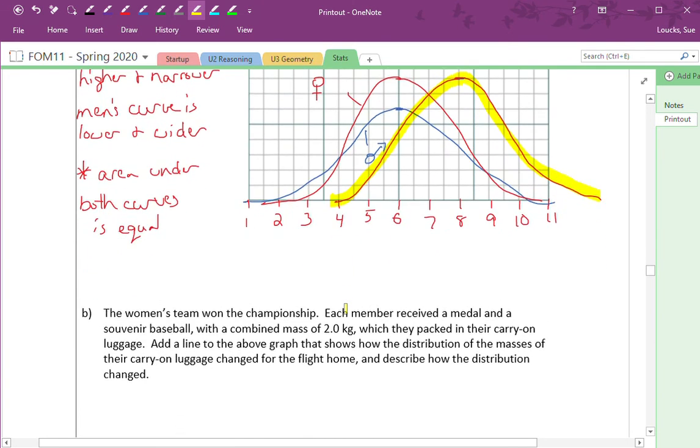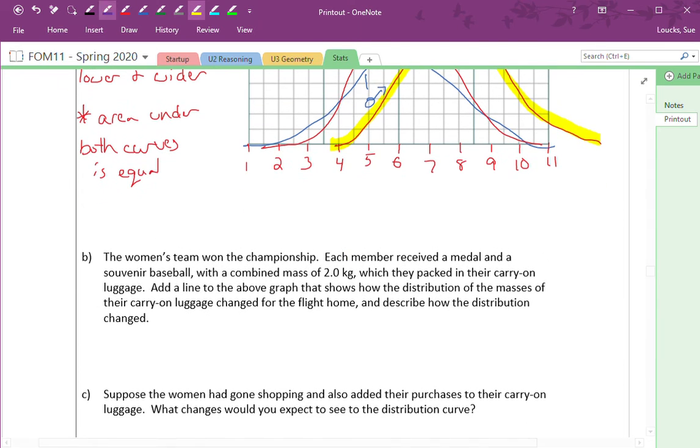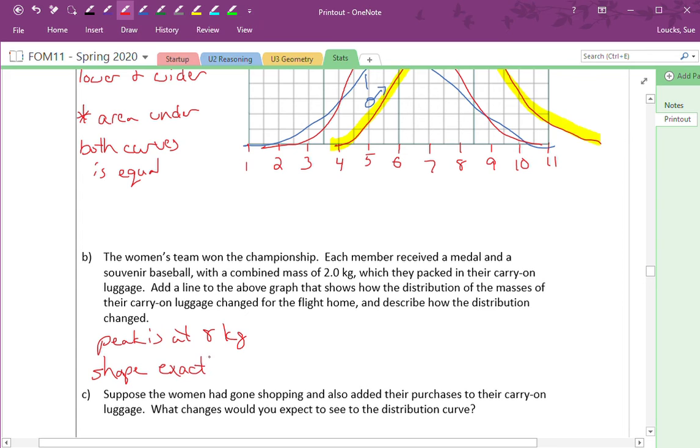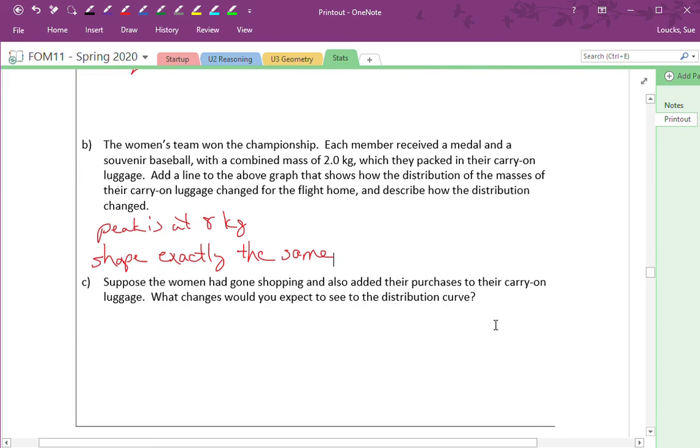Okay, so describe how the distribution changed. Peak is at 8 kilograms, but the shape is exactly the same. Okay, because we didn't change the distribution, we just shifted it all up. Okay, and part C, suppose the women had gone shopping and had also added their purchases to their carry-on luggage. What changes would you expect?